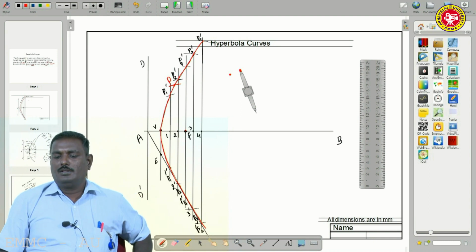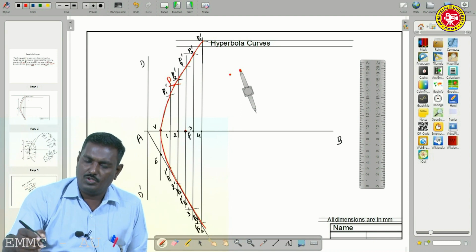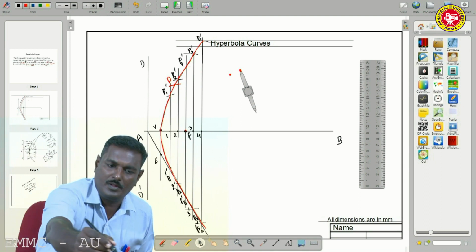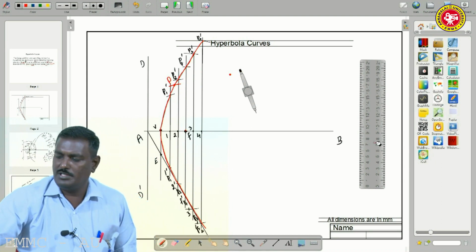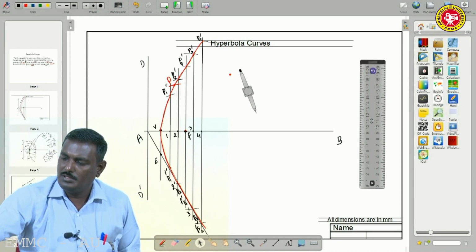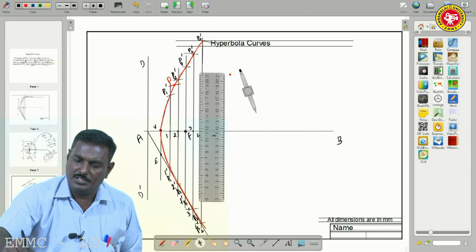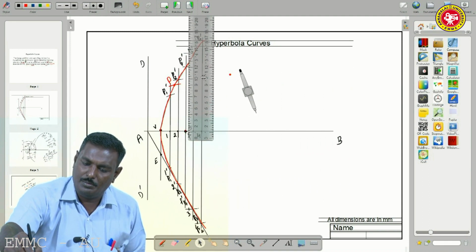Okay, so now draw a line. I just changed the color by using the scale. Okay, I shift by placing this.